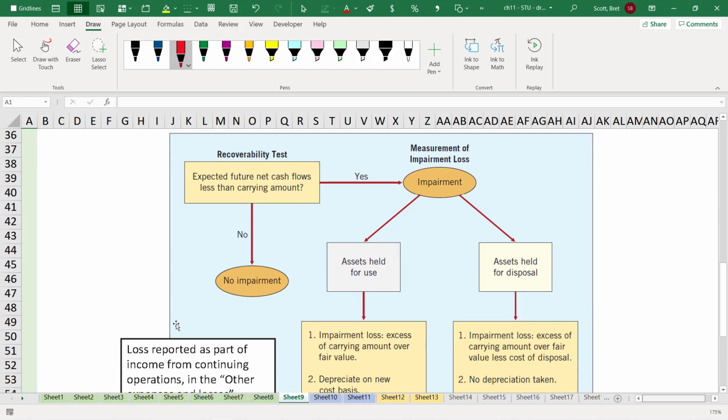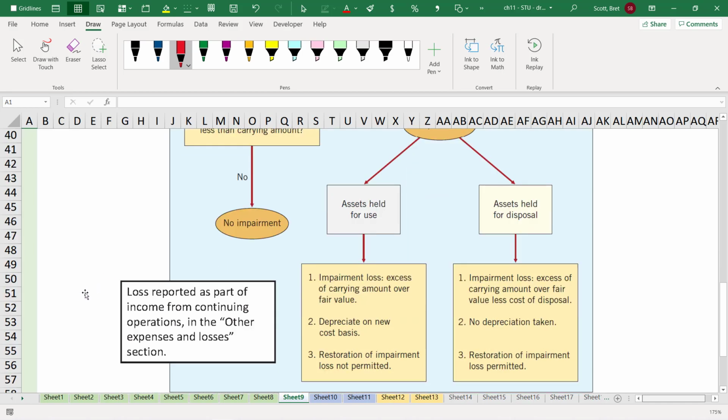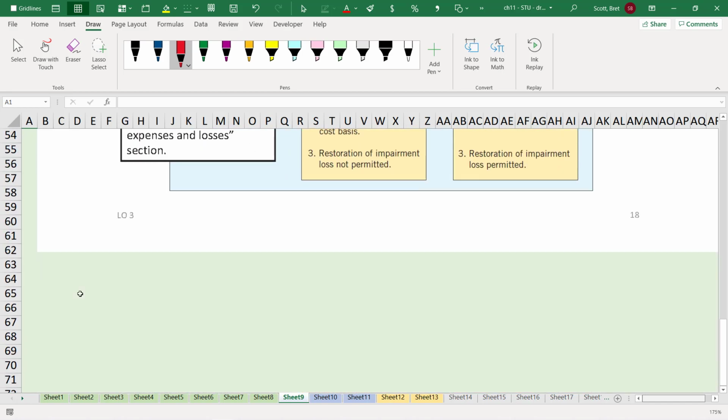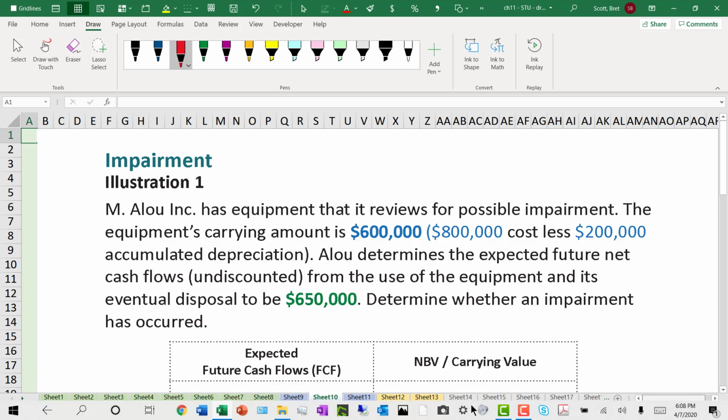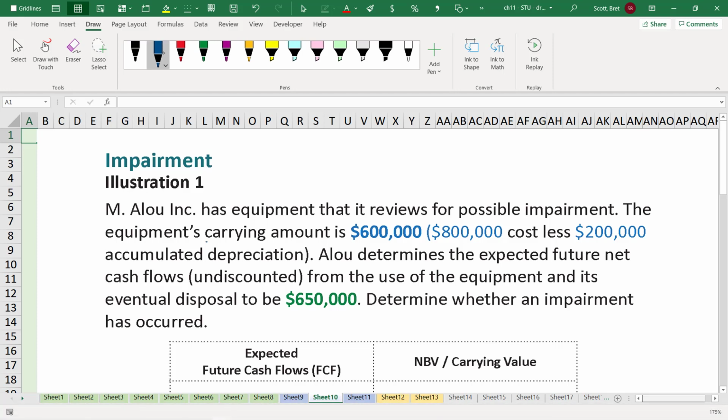So here's a little flow chart where they walk you through the tests. I think we should just look at an example. It'll be a little bit easier for us. So on the next page, we have MLU Inc. that has equipment with a net book value, carrying value, of $600,000.